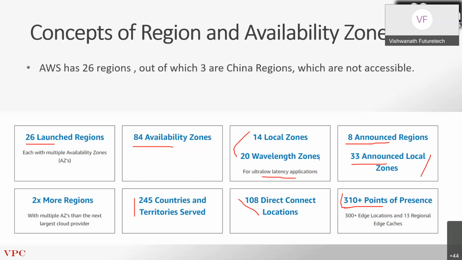Out of these, 3 are in China, which are not accessible. China regions are basically not for us; they are only for Chinese people.